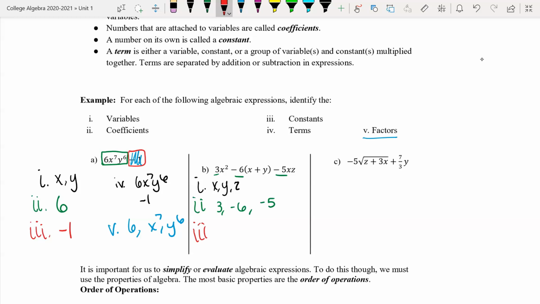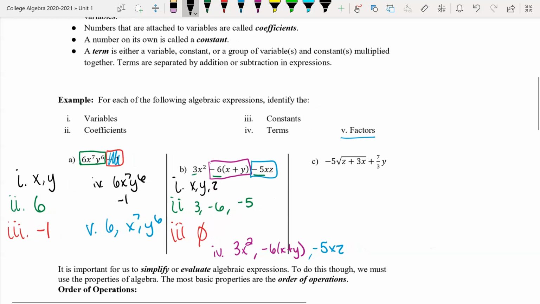Your constants, again, you might not have any. There's no number that's just by itself, so I'm going to say none. And this one, the terms are a little bit harder. Your terms, 3x squared is 1. This whole thing, if you're multiplying, that's a term. And this is your last term.